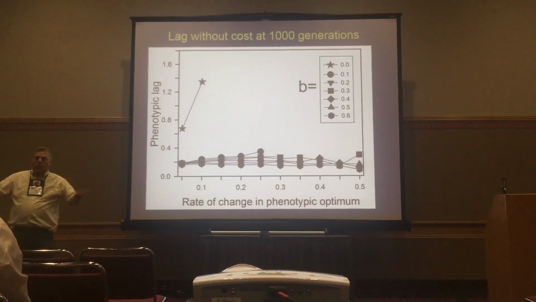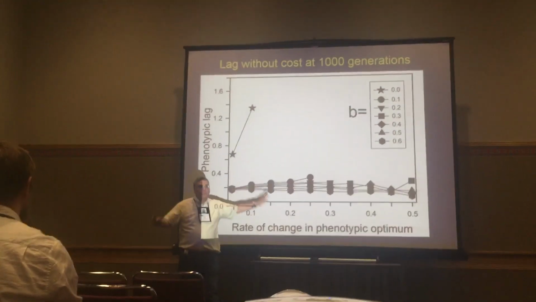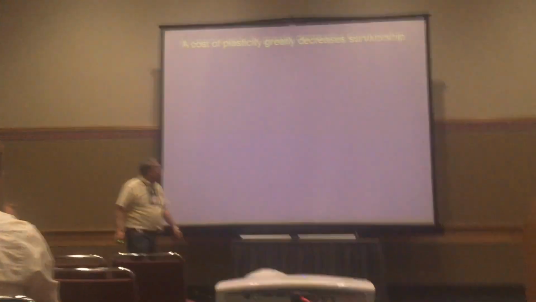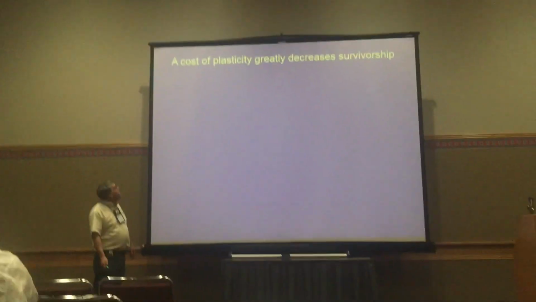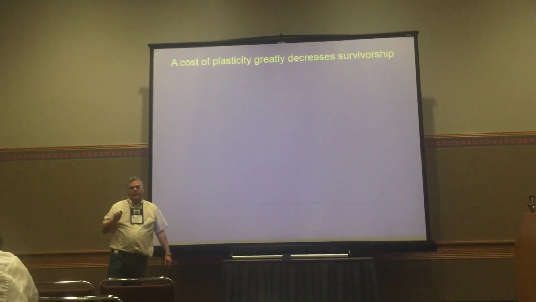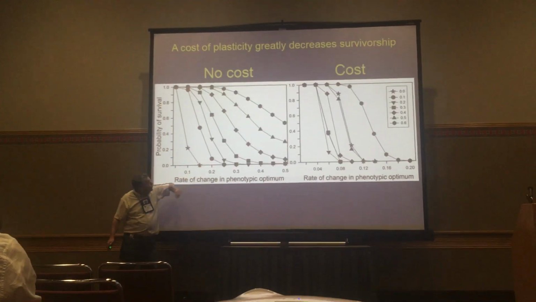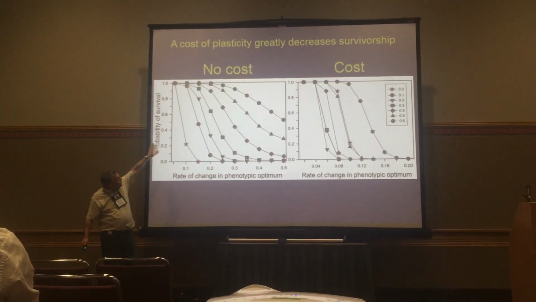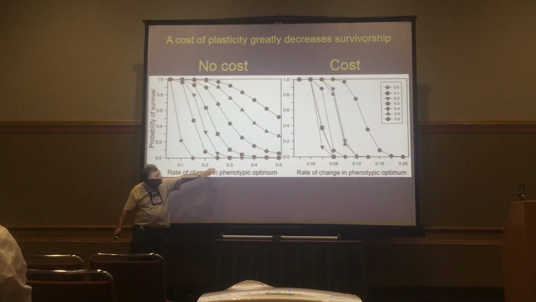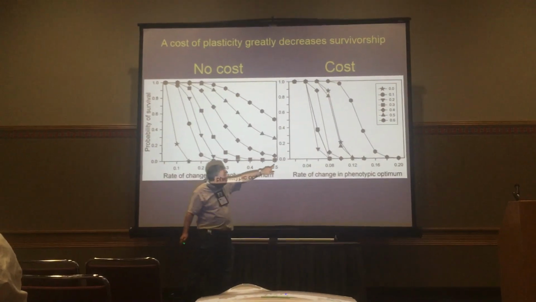Okay, so if there's no cost of plasticity, everything's fine. Populations will keep up with environmental change. But what happens when we add a cost of plasticity? So here's the graph I showed you a few minutes ago about survivorship as a function of change when there's no cost. Here's where there's a cost.